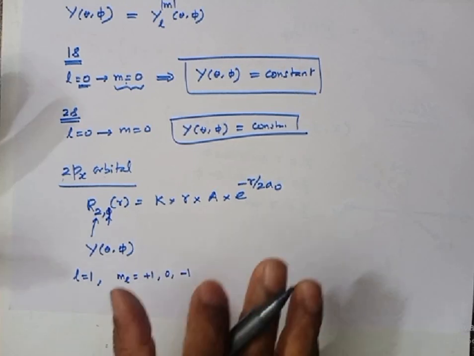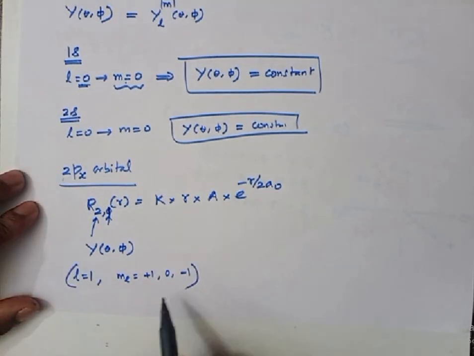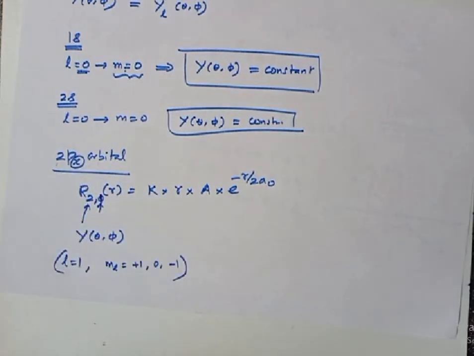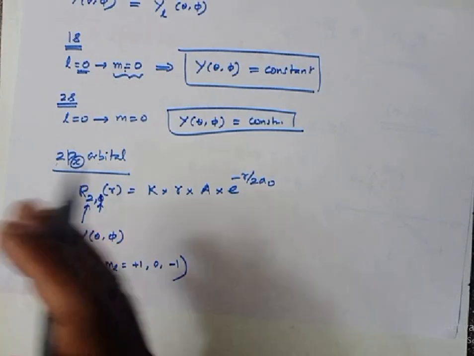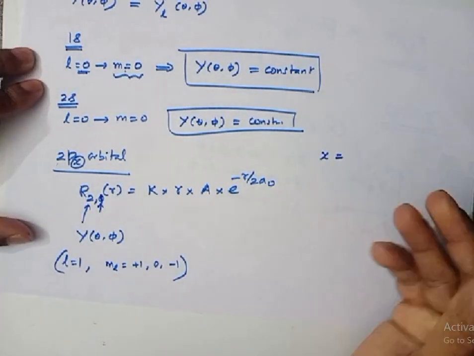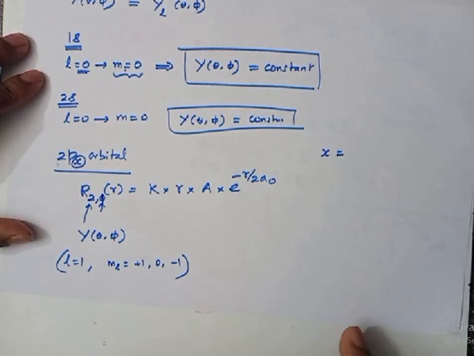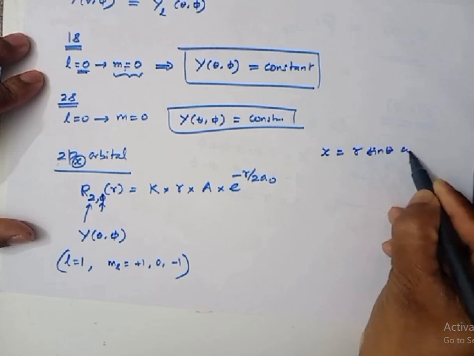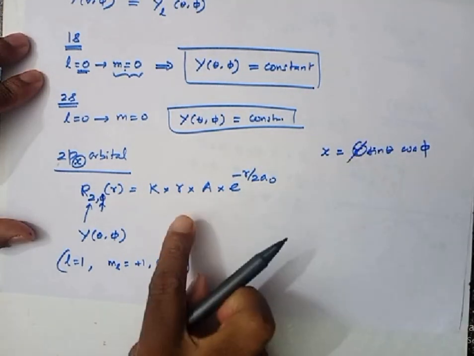Okay. Now you don't worry about this. See the x value. For x, what is the angular coordinate? What is the relation between the Cartesian coordinate and the spherical: x is equal to r sin theta cos phi. Am I right? Listen, remove this r because this r is already included here.